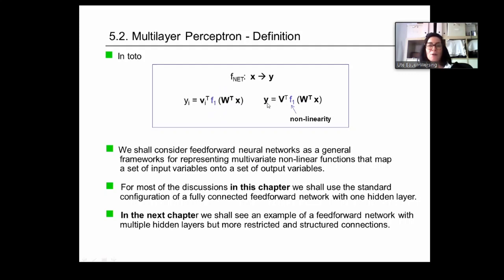And we can even write this more condensed: the complete output of the network is given as V transpose times the sigmoidal activation function applied to the transposed weight matrix of the hidden neurons times the input. As you can see, there's exactly one nonlinearity involved in this calculation, and this is the activation function of the hidden neurons.